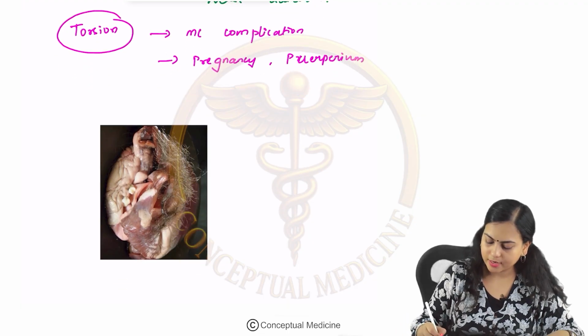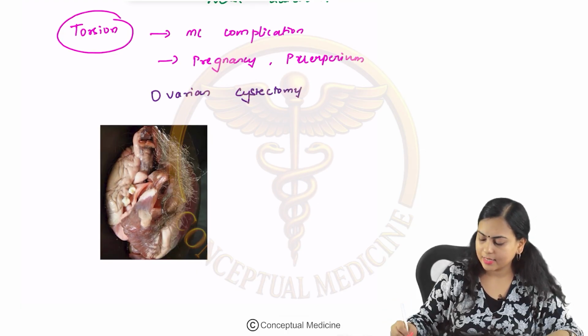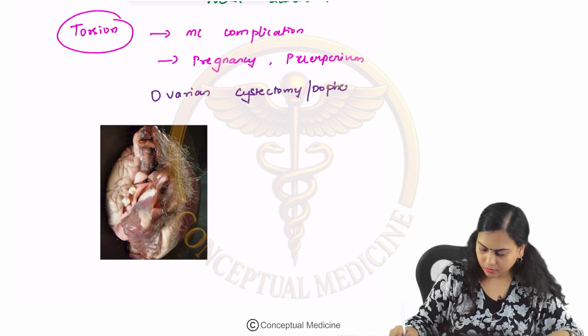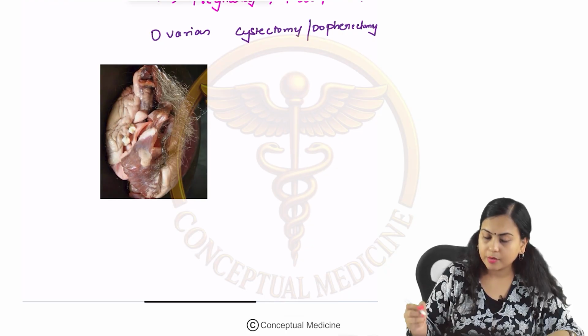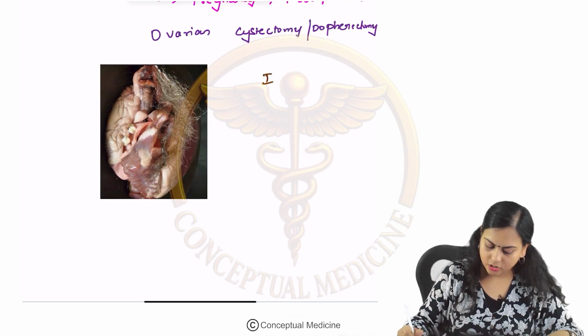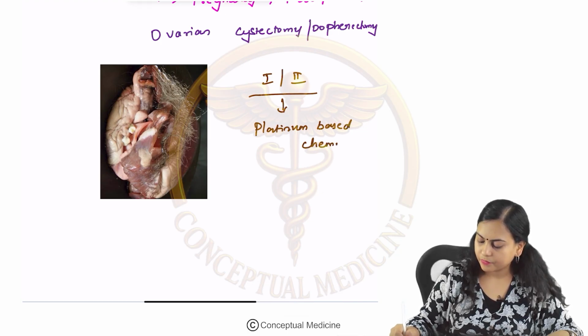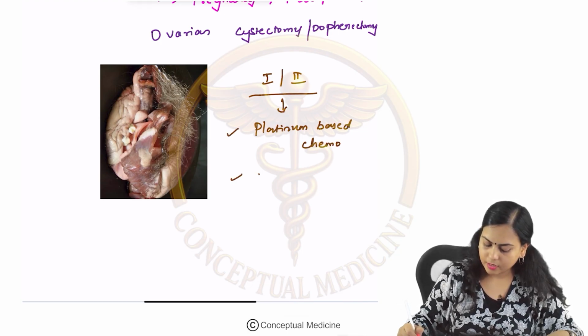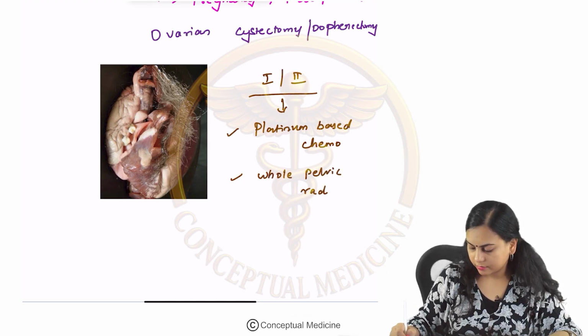You will manage it by doing an ovarian cystectomy or rarely an oophorectomy. And remember, patients with stage 1 and stage 2 can also be treated with platinum-based chemotherapy or even whole pelvic radiation.